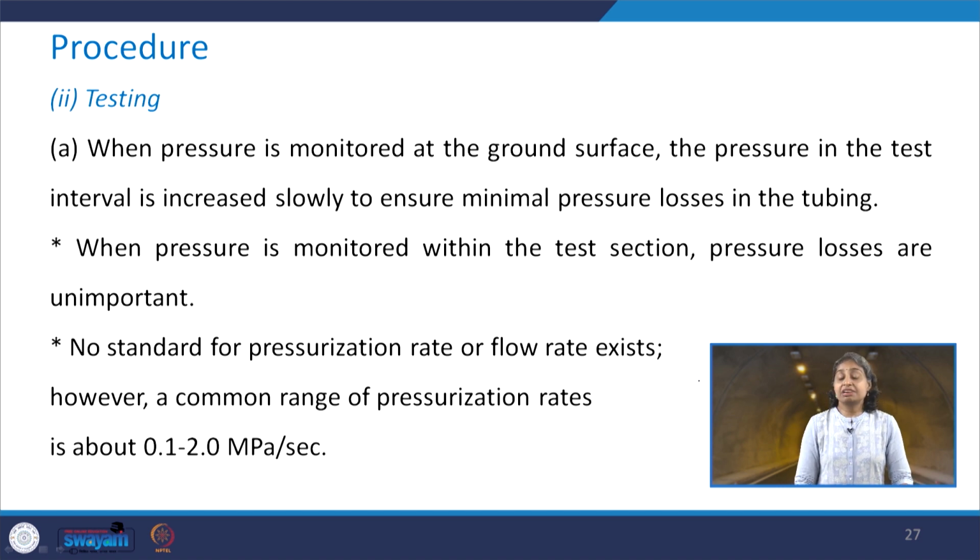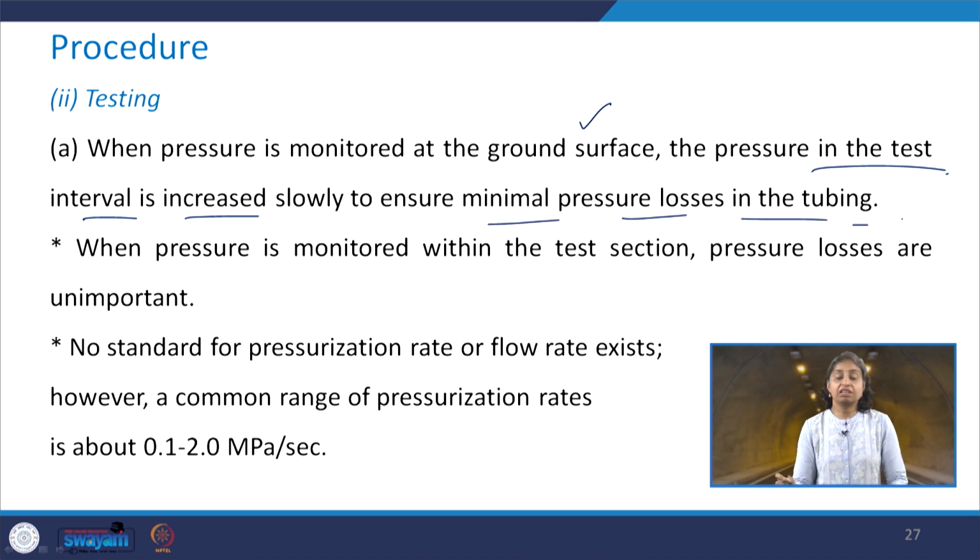Coming to the testing part, once we decide the location of the test and prepare with the packer, when the pressure is monitored at the ground surface, the pressure in the test interval is increased slowly to ensure minimal pressure losses in the tubing.